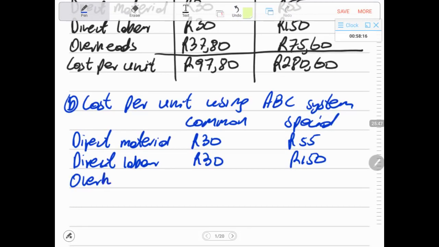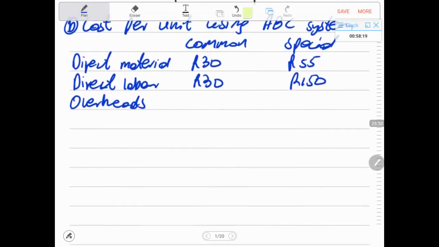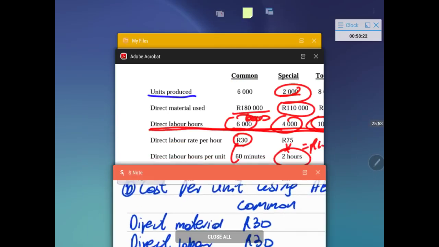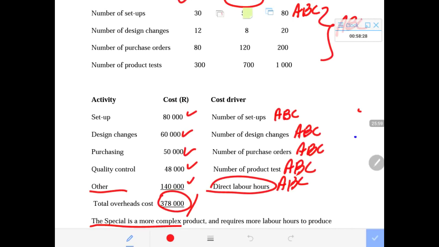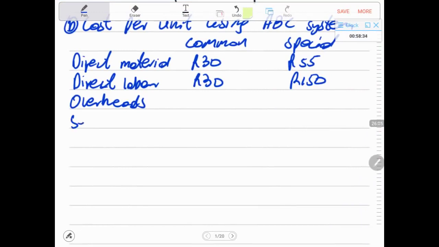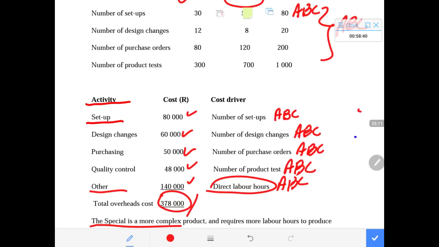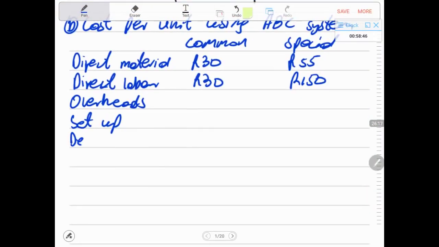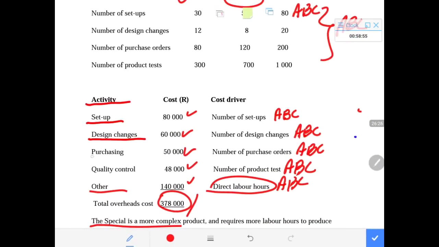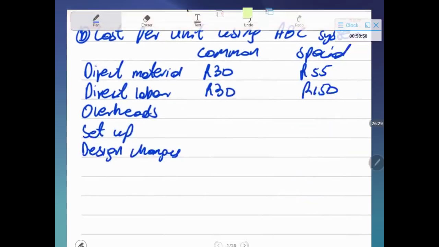Then we come to our overheads. ABC says that overheads must be allocated according to the cost drivers, according to the activities. So the first one will be setup. The second one is design changes. The third one is purchases, or purchasing.